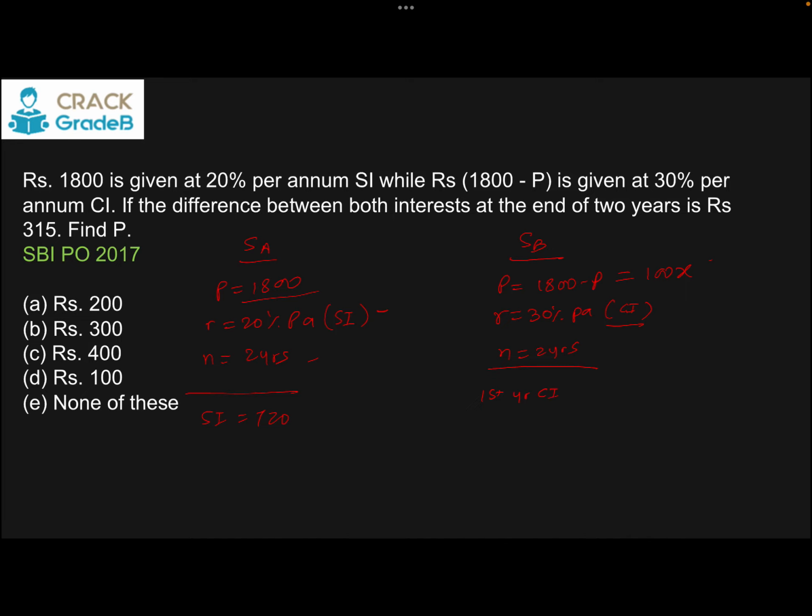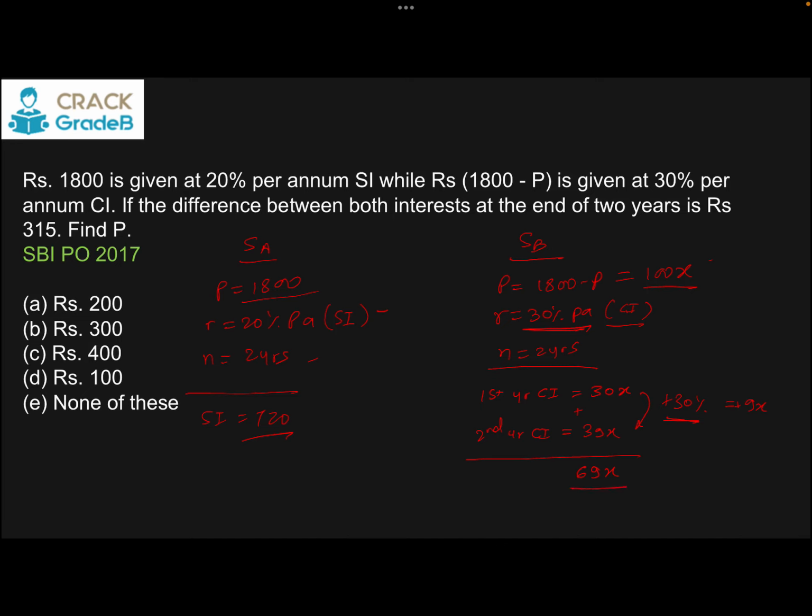So on 100x, first year compound interest is going to be 30% of this, that is 30x. And second year compound interest is, we have to increase this with R percent per annum. R is 30%. So if we increase it with 30%, 30% of 30 is 9x. So we'll increase it with 9x, it will become 39x. And hence, together, both years compound interest is 69x.